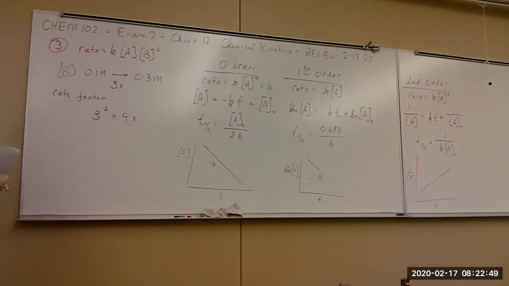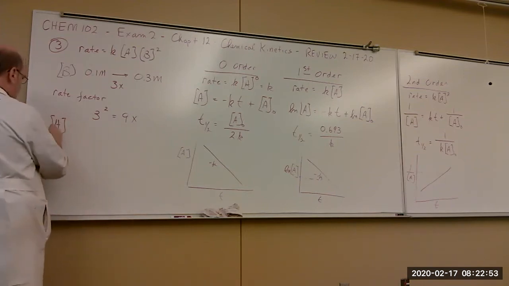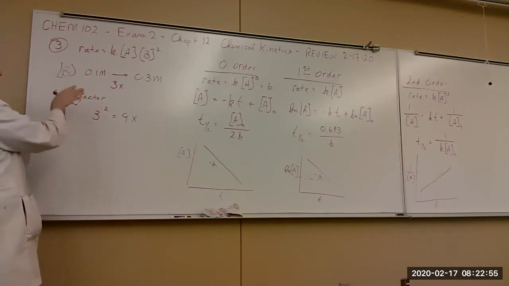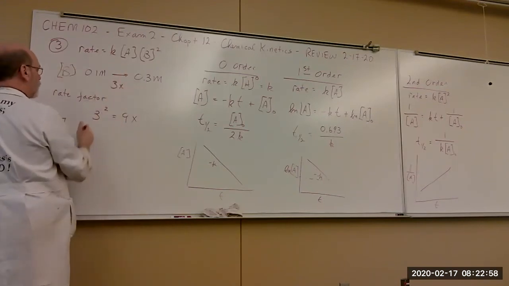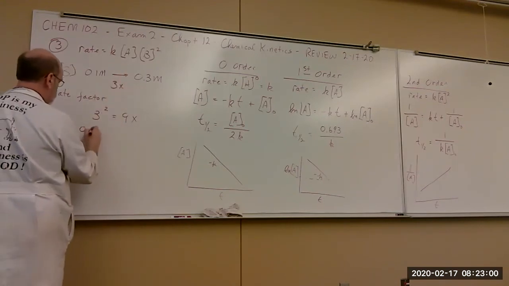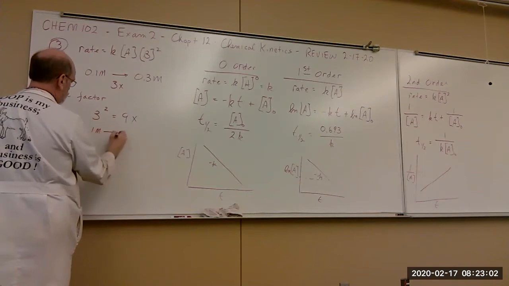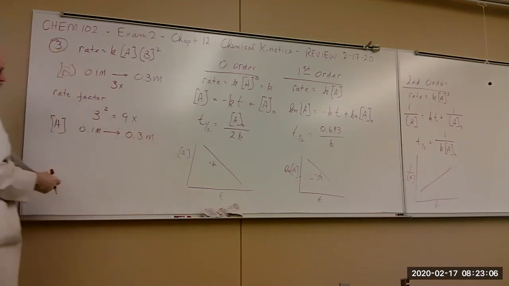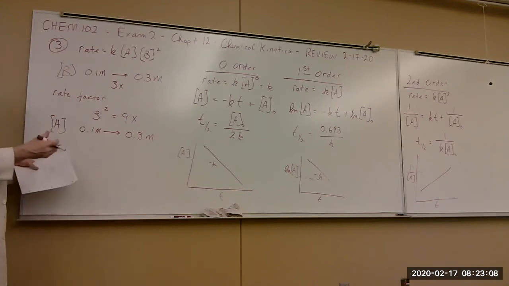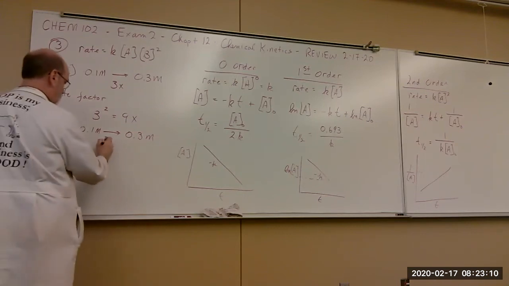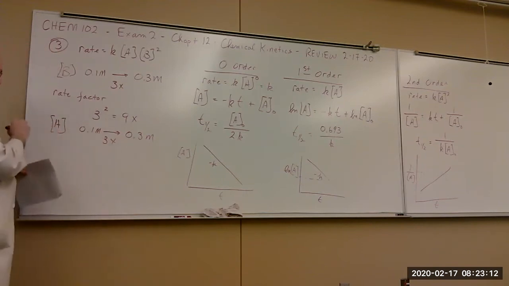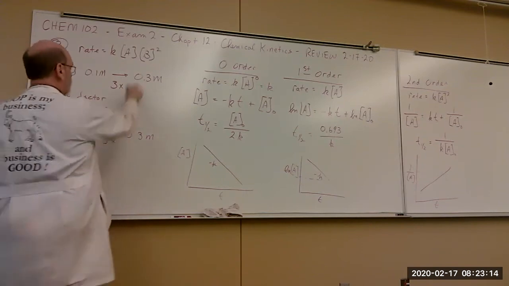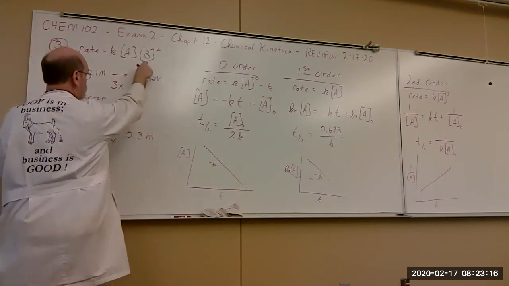What if, while we're at it, at the same time as we do this with B, we increase A from 0.1 molar to 0.3. So we've increased A by 3 times, right? 12, right? Well, no, 9 increased here for this one, right?